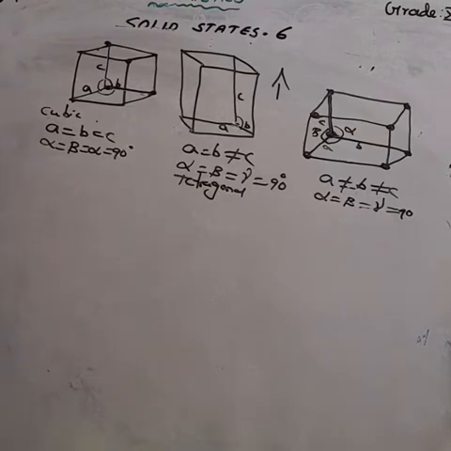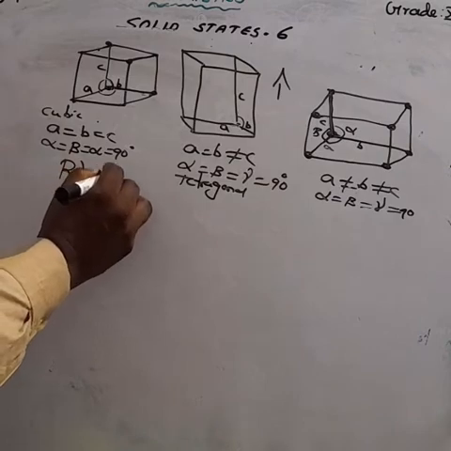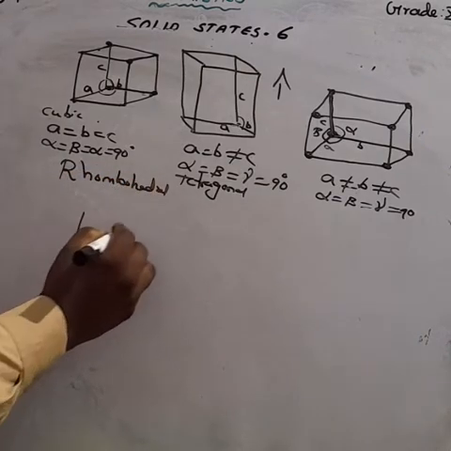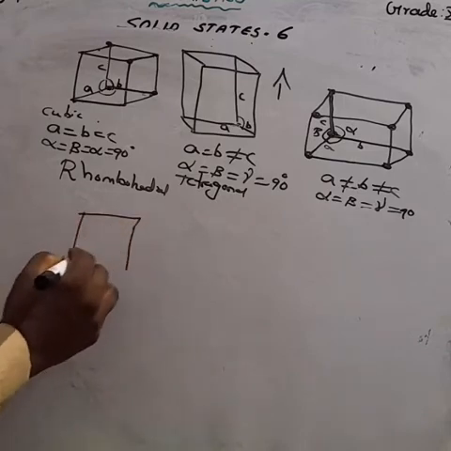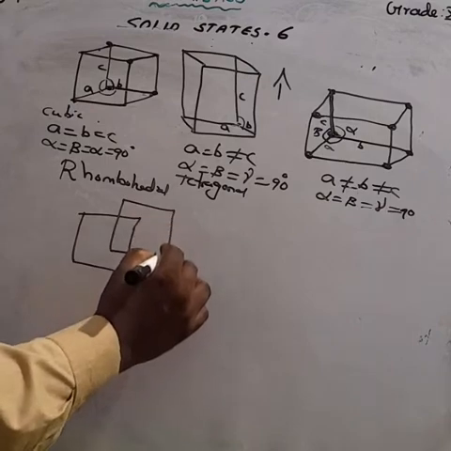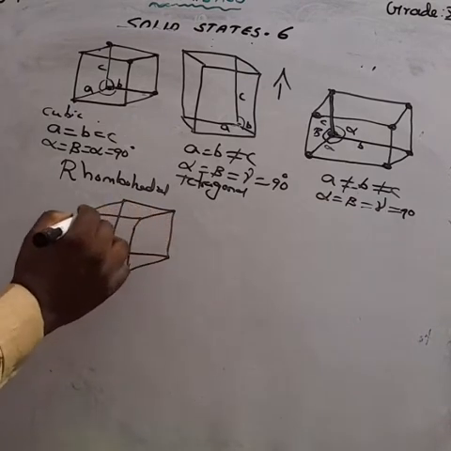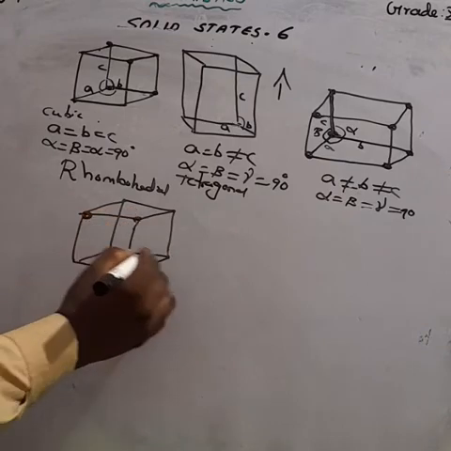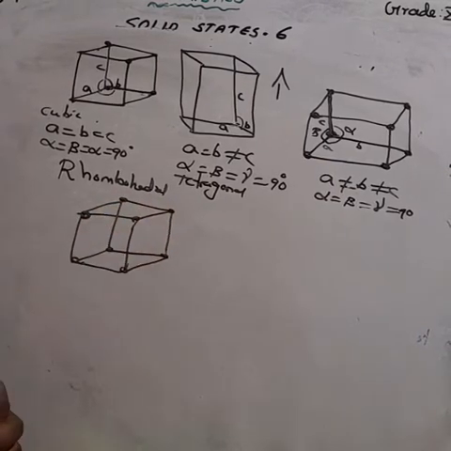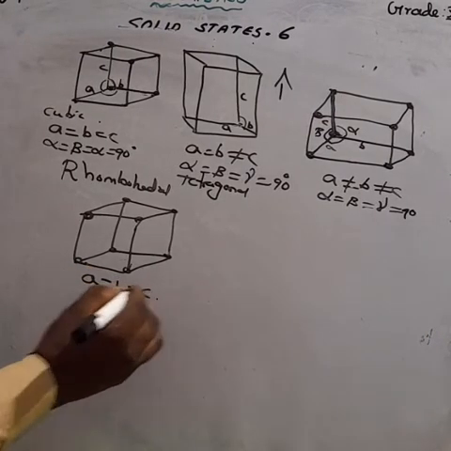Next, rhombohedral. I am drawing the rhombohedral. This is the rhombohedral. Here, what about the length? Almost all the same length. Same length means a is equal to b, b is equal to c.